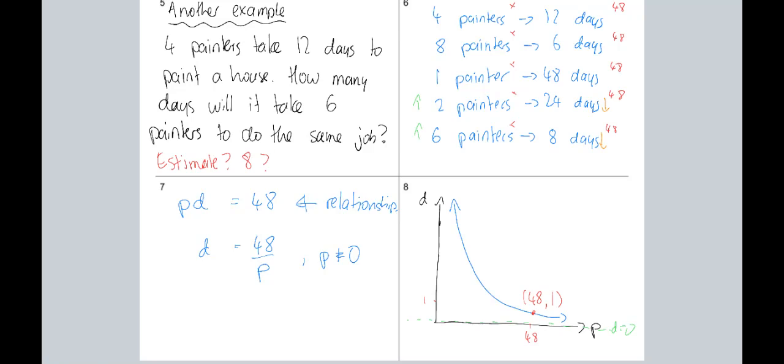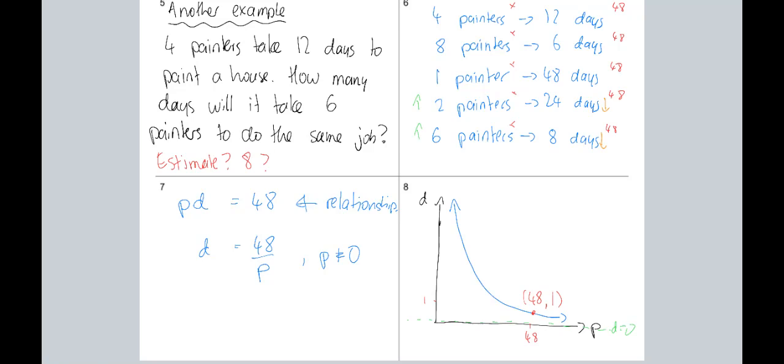Not realistic. But the point is that in this scenario, P, the number of painters, will not get to zero, but as it approaches zero, the number of days approaches infinity. So like a logarithm graph, we have a vertical asymptote.